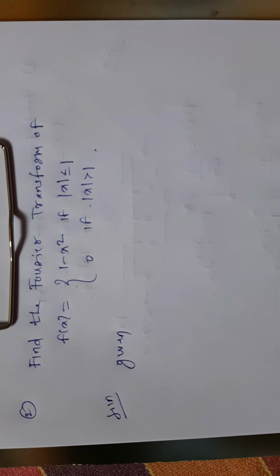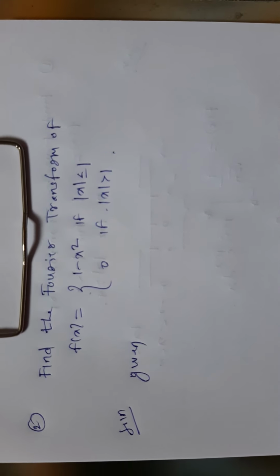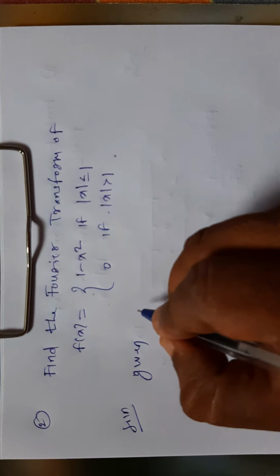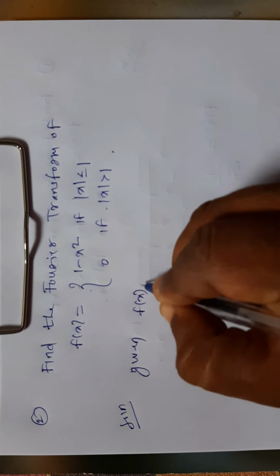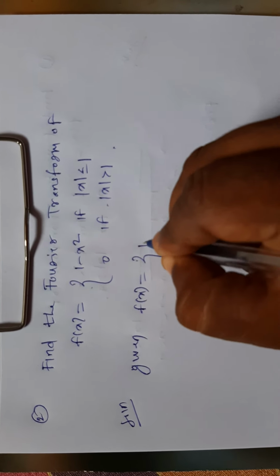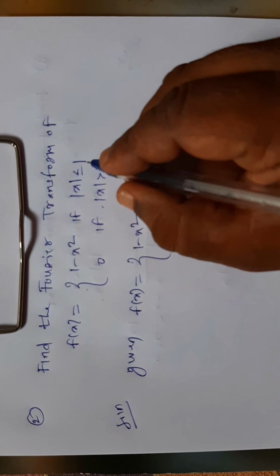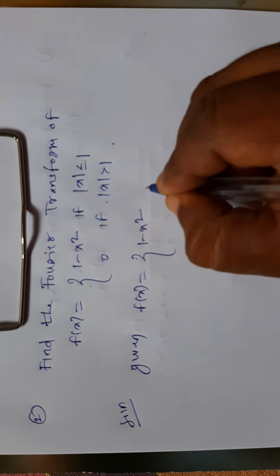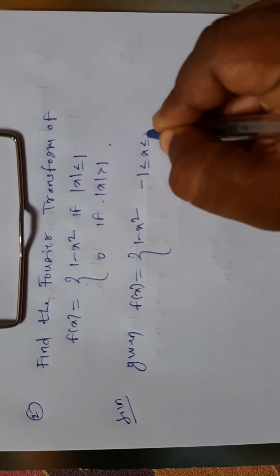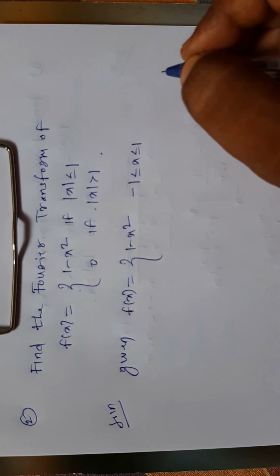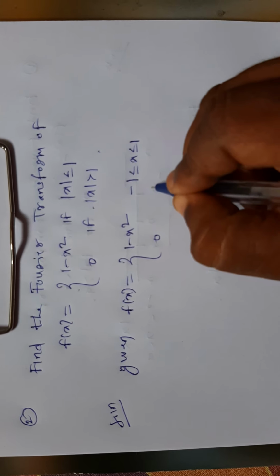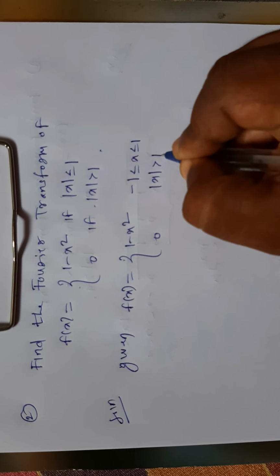Given f(x) equal to 1 minus x square. So here mod of x less than or equal to 1 means x lies between 1 and minus 1. So 0 for mod of x greater than 1.